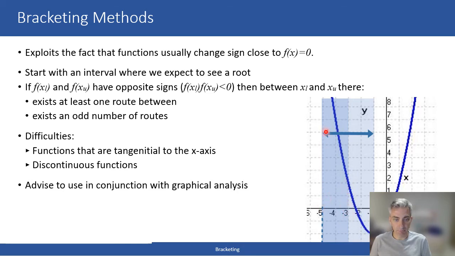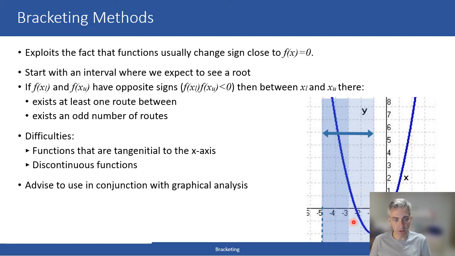I check x equals -5 and x equals -3, and I see that both of those values of f of x are positive. When we do this product, we will get a positive number. So there's no root in this range.